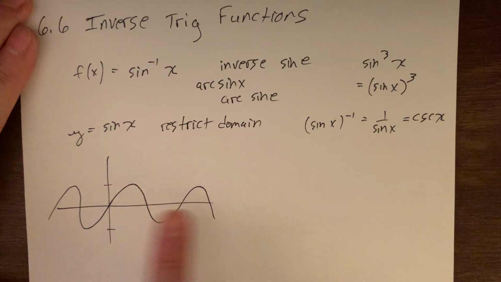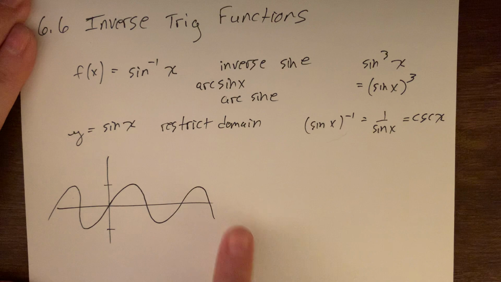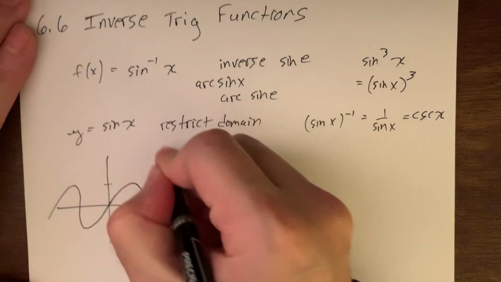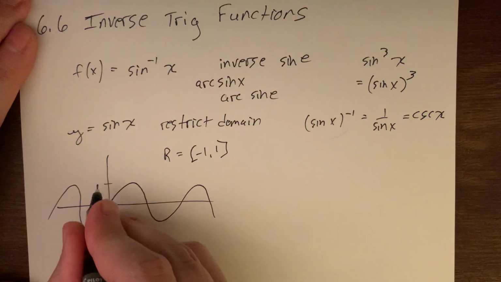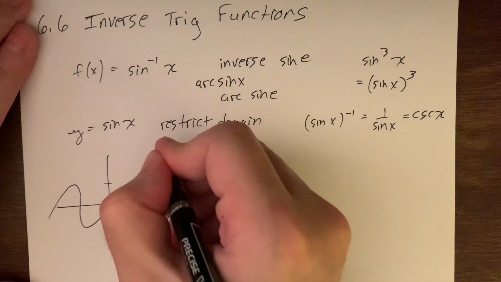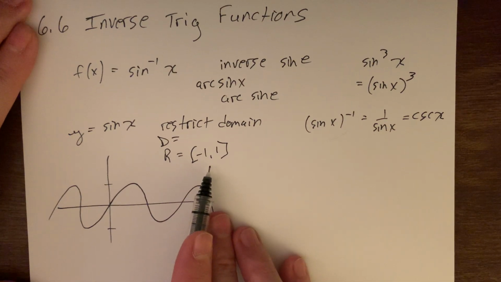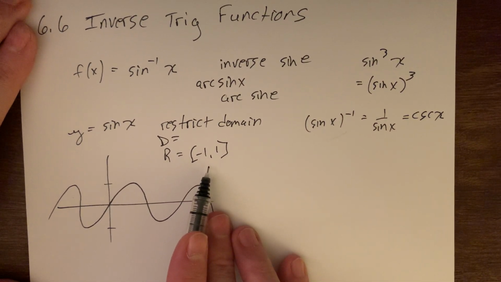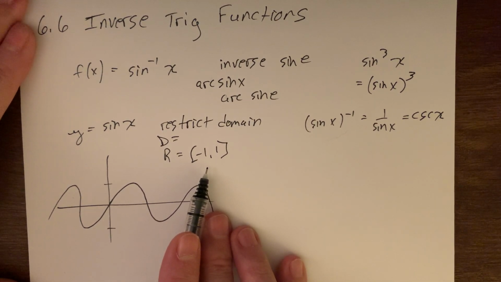You could use any angle. But what we need to do is cleverly cut the graph off. We still want the same range. The range of sine goes from negative 1 to 1. But what I have to do is cut the domain so I still get the full range, and what's left over will be 1 to 1. What's left over will pass the horizontal line test.